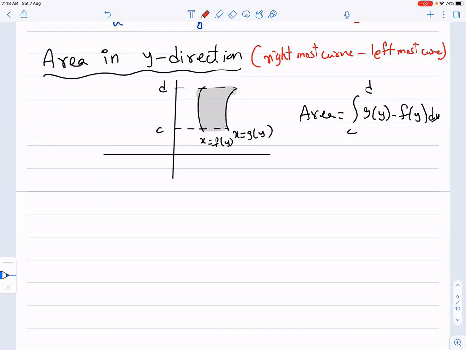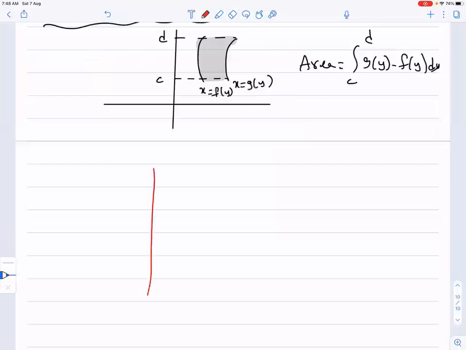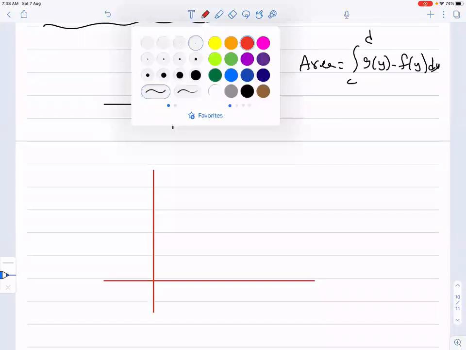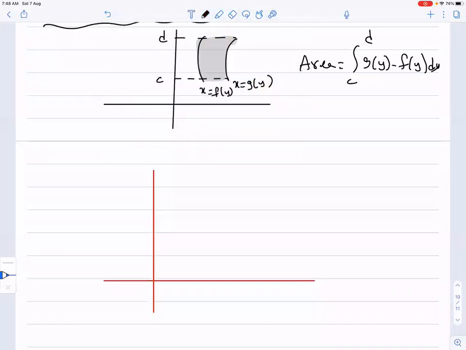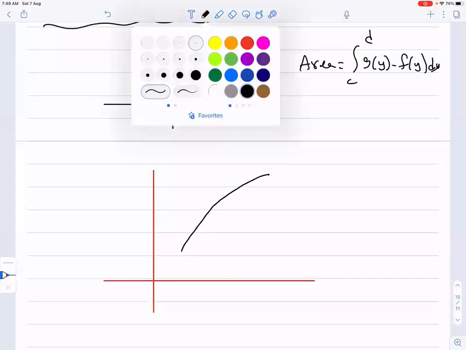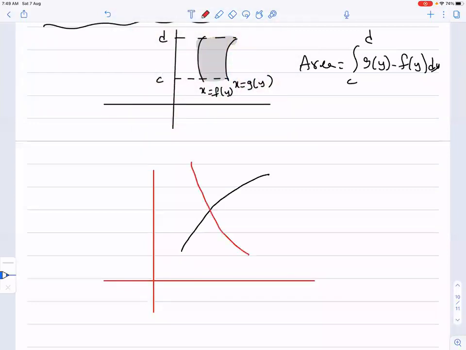Students, any doubt? Imagine you have a situation where they are intersecting. Matlab, one of the curves is like this and another curve is like this. Now what is the area?